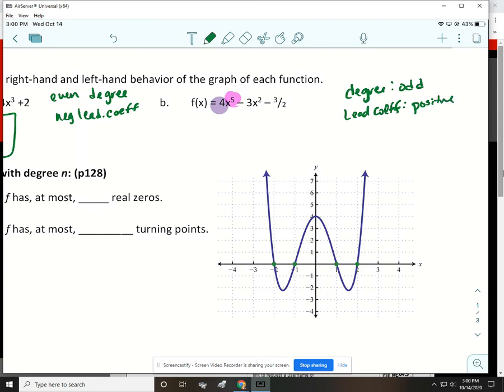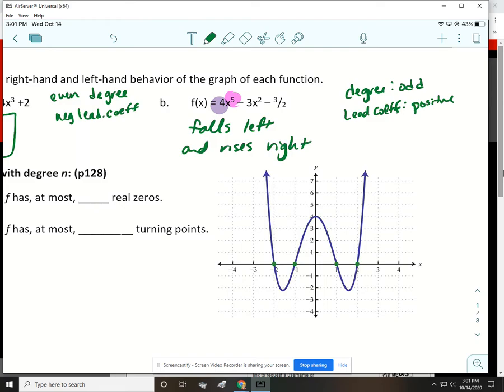So the leading coefficient tells you what happens on the right. So we're definitely going to be rising on the right. And then because it's an odd degree, the left is going to do the opposite. So this one falls on the left and rises on the right.